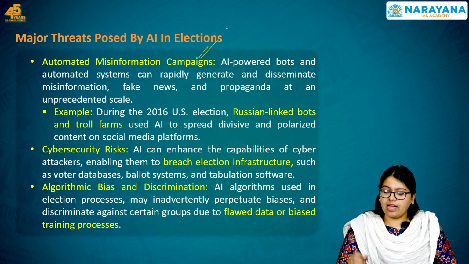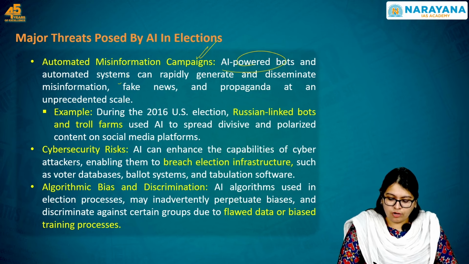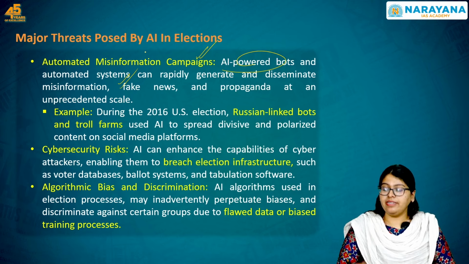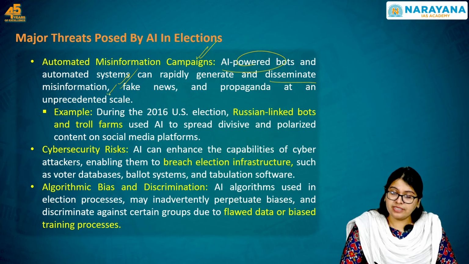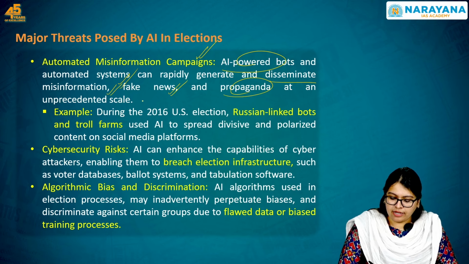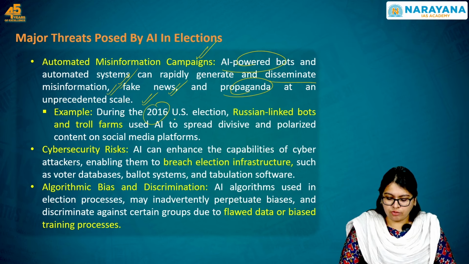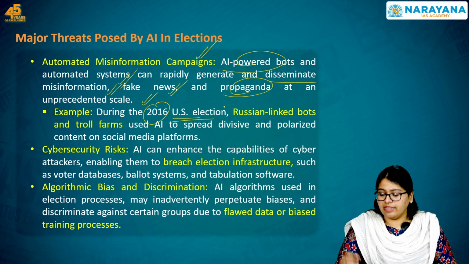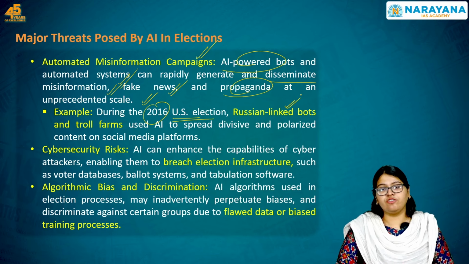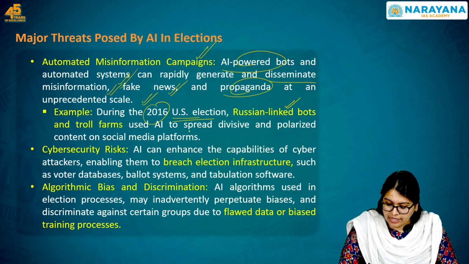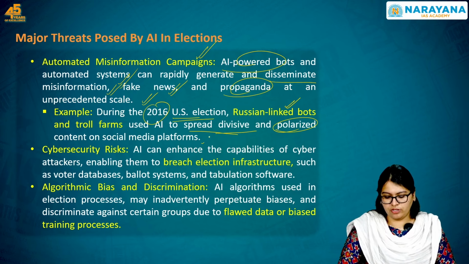That is, there are AI-powered bots and automated systems that can rapidly generate and disseminate misinformation, any kind of fake news, as well as propaganda at an unprecedented scale. For example, during the 2016 US elections, Russian-linked bots as well as troll farms used AI to spread divisive and polarized content on social media platforms.